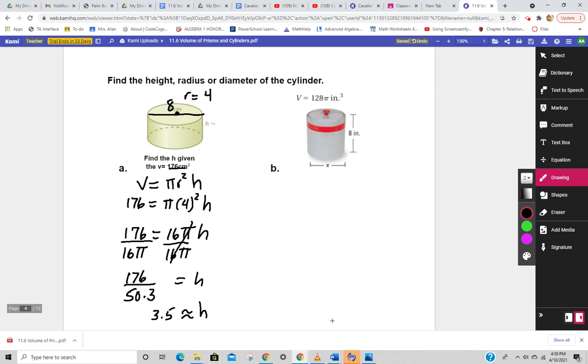All right, here we're finding the diameter. So x is the diameter. So volume equals pi r squared times h. I've been given the volume. It's 128 pi. Pi is just pi. I don't have the radius. So that's just going to be r squared. I do have the height, which is 8.